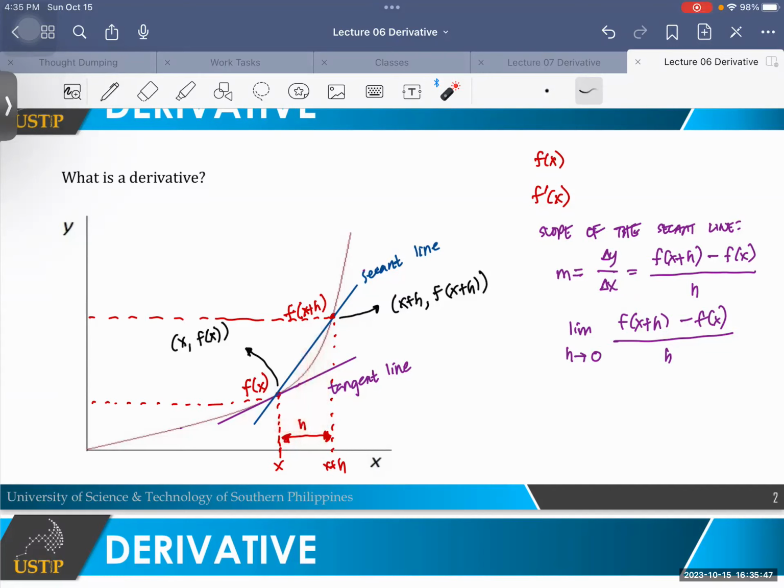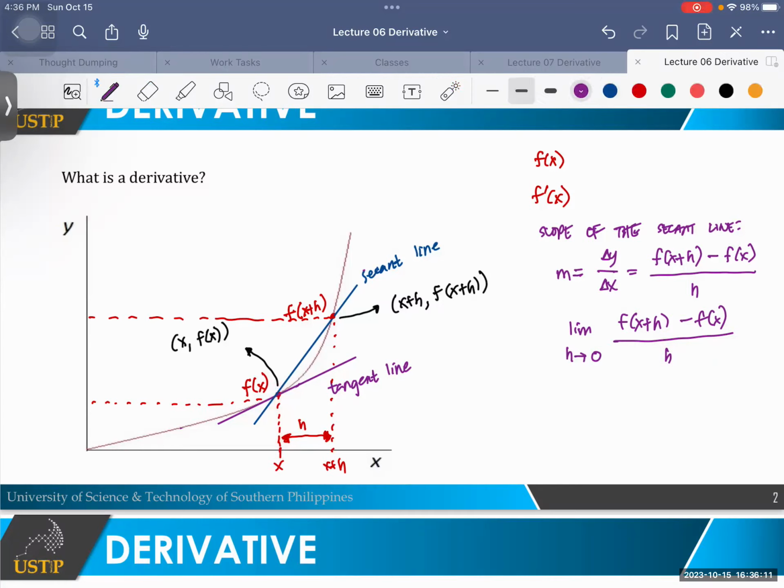Now we want to overlap this point to this point. So our limit means h must be very, very small, approaching 0, so that your one point overlaps your first point. Did you get it? Hopefully you did.